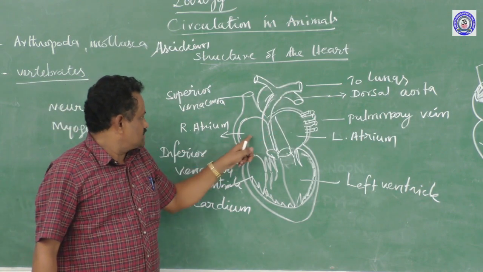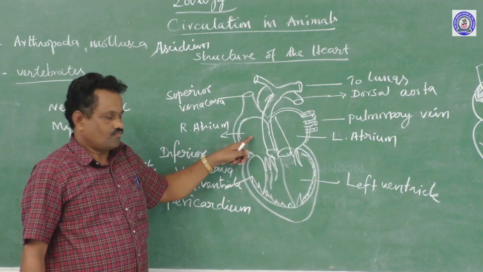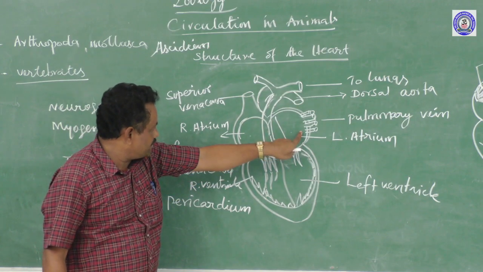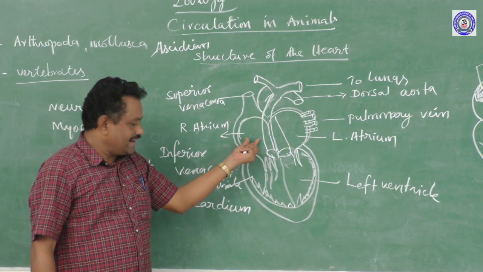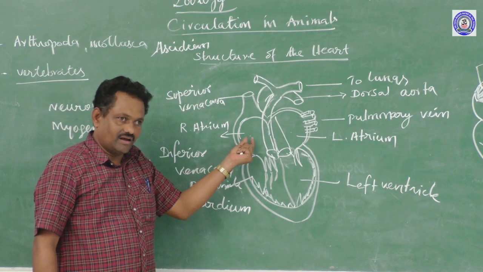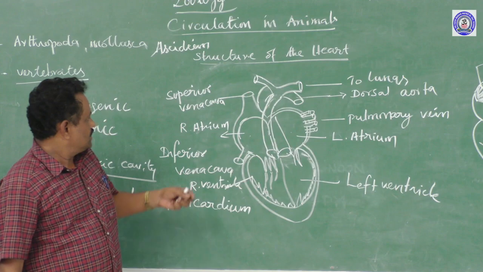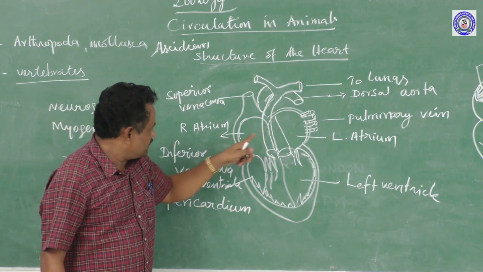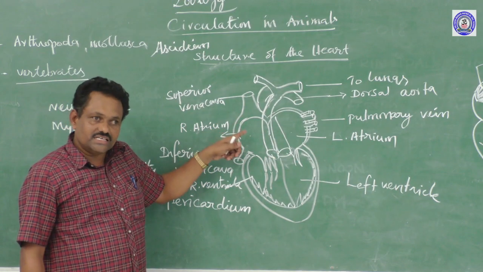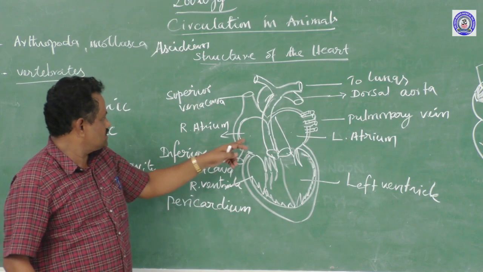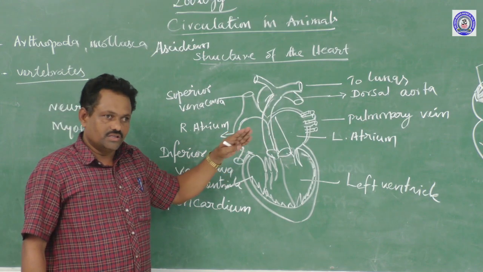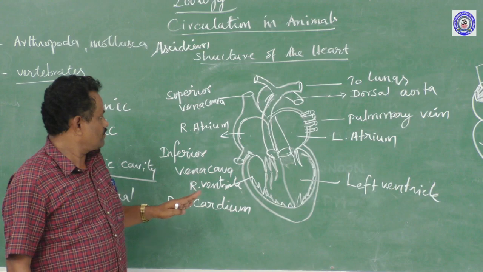The two upper chambers are thin-walled chambers. When compared to the left atrium, the right atrium is slightly larger in size. The atria are the receiving chambers. They receive blood from the various parts of the body.